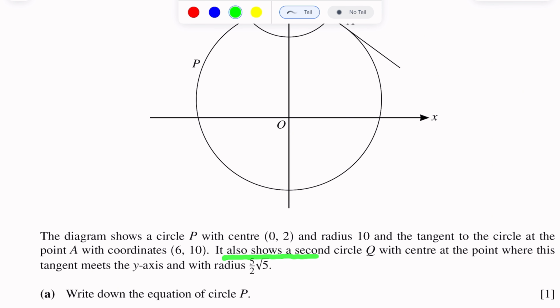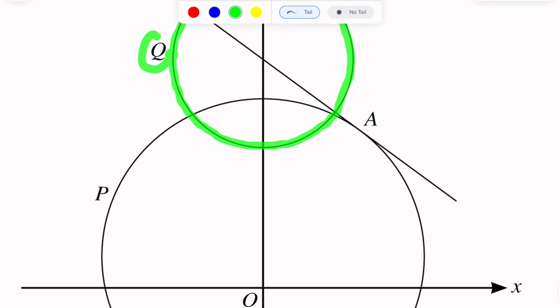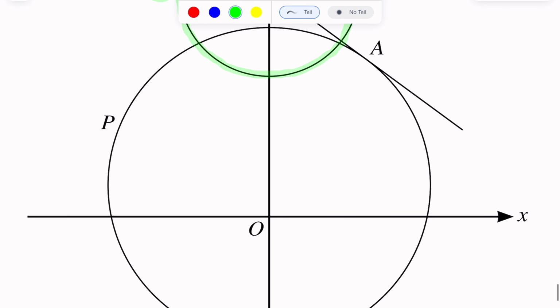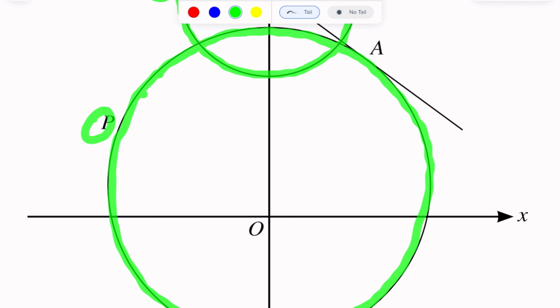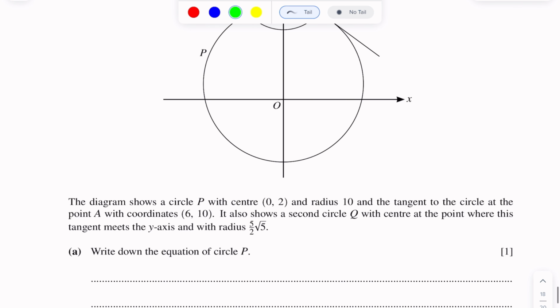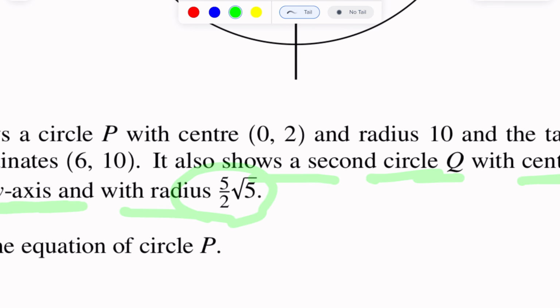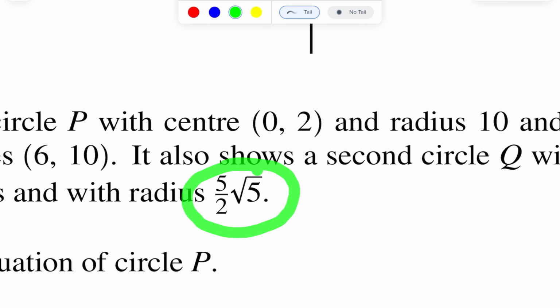It also shows a second circle Q. This circle is circle Q. This circle is circle P. This is the tangent at A on the circle P. It also shows that second circle Q with center at the point where this tangent meets the y-axis and with radius 5 over 2 into under root 5.